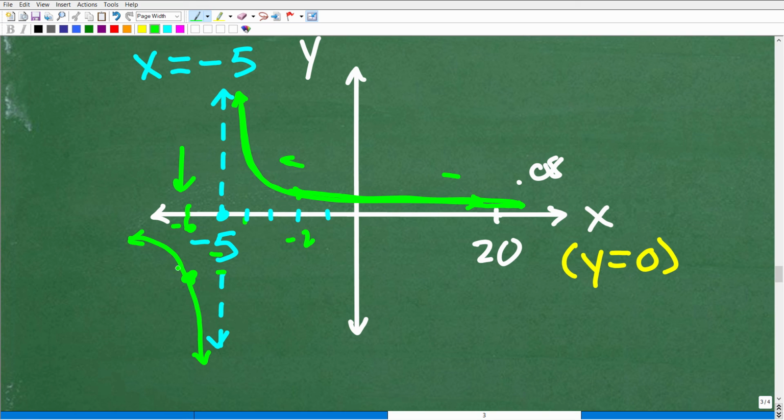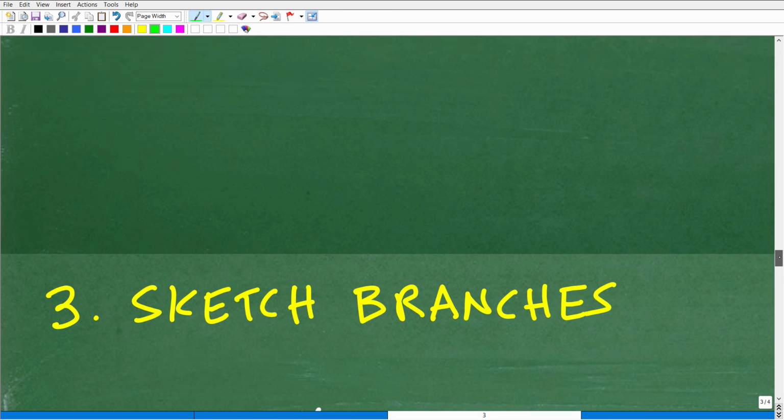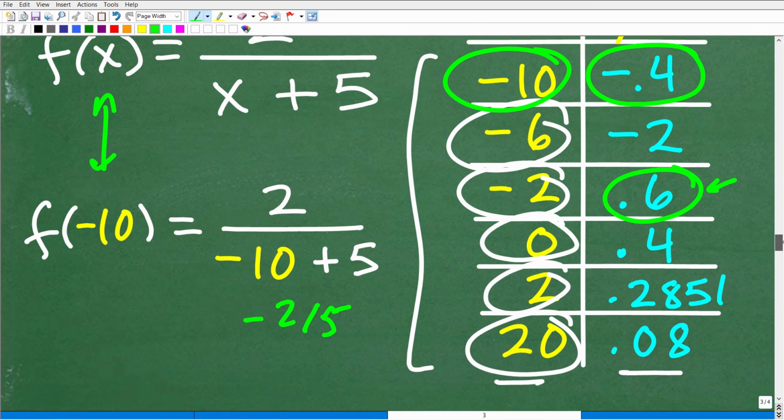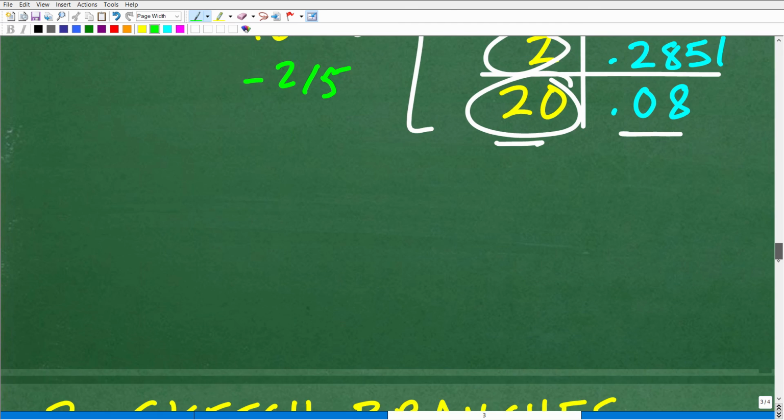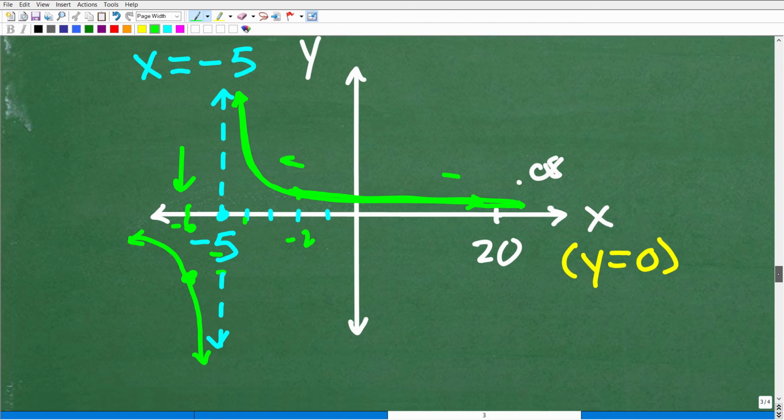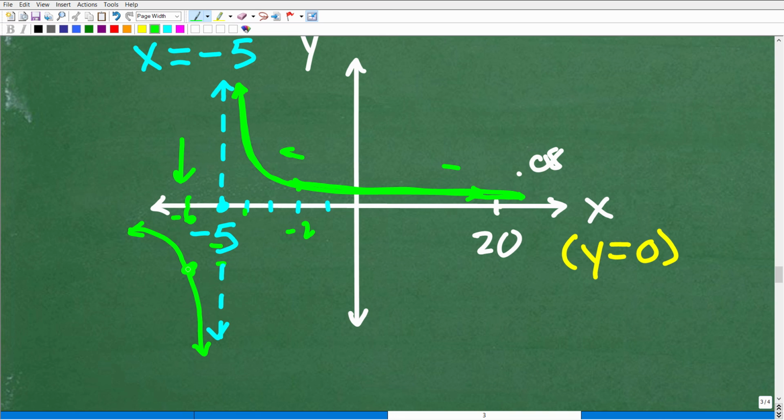So you see, this is a point, and generally there's going to be some symmetry with these branches, not all the time, but as a general characteristic. But we can go out to -10, right? So that's going to be -0.4. So you're like, okay, let me go over here. At -6 it's -2, but at -10 it was -0.4, which is smaller. So you can get the idea, and you can always plot more points to get more confidence about your graph.